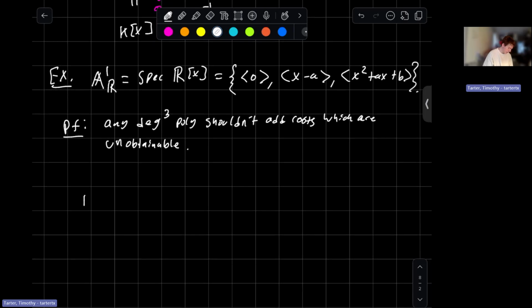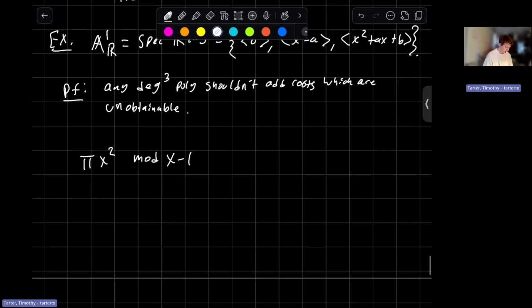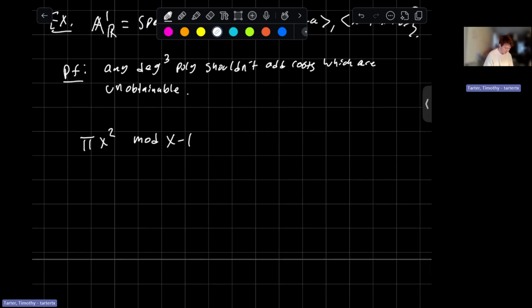Because if we have pi x squared mod x minus 1, for example, this is a dumb example, but pi x squared reduces to pi x squared minus pi x plus pi.